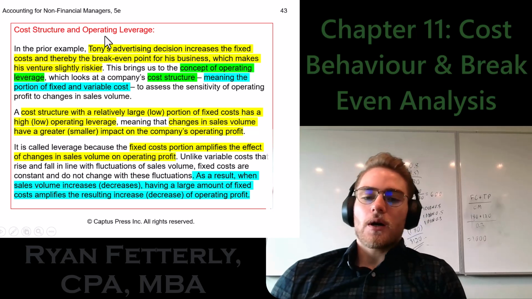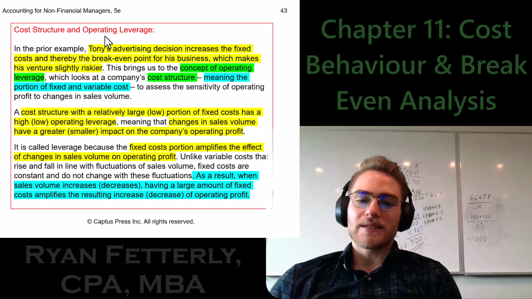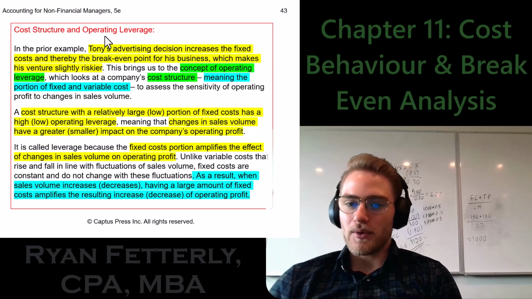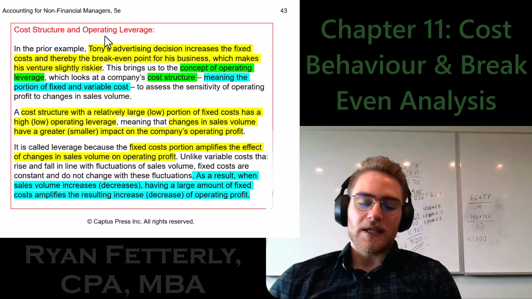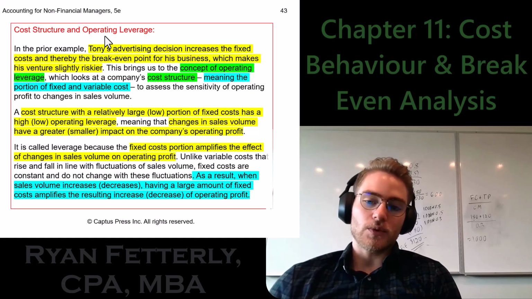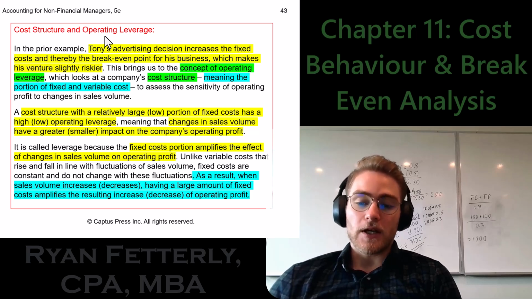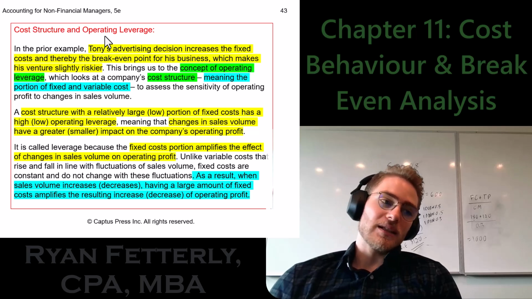So, cost structure and operating leverage. In the prior example, Tony's advertising decision increases the fixed costs and thereby the break-even point for his business, which makes his venture slightly riskier. This brings us to the concept of operating leverage, which looks at the company's cost structure, meaning the portion of fixed and variable costs, to assess the sensitivity of operating profit to changes in sales volume.